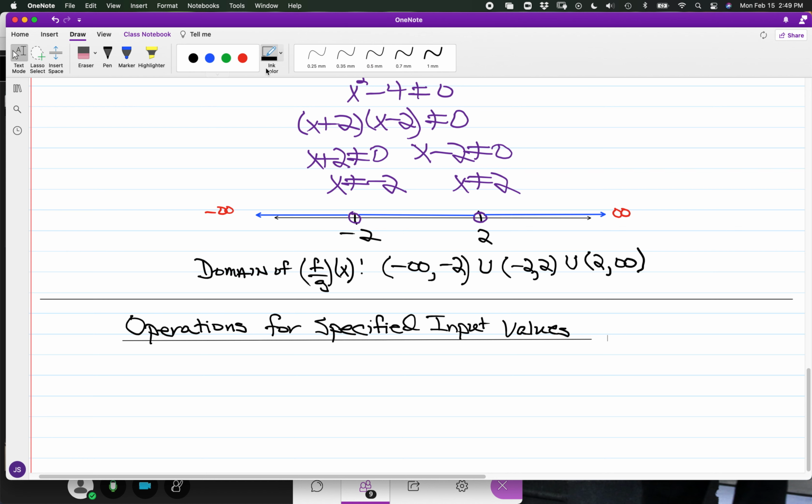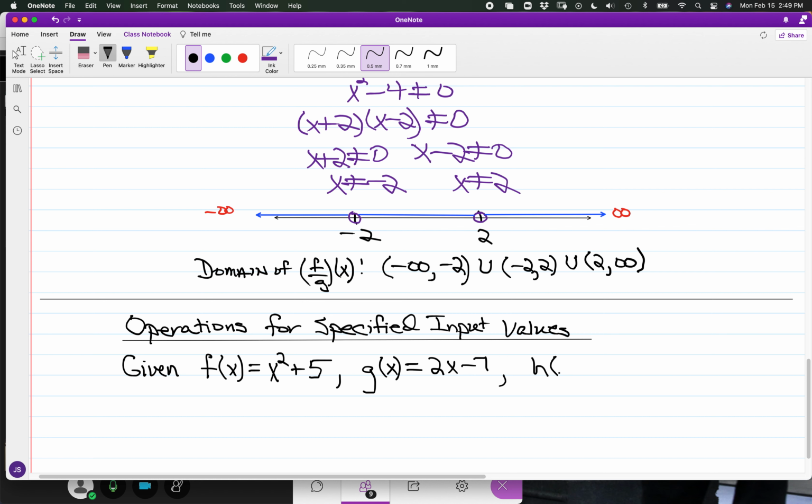Now let's say we have functions given. f of x is equal to x squared plus 5. g of x is equal to 2x minus 7.